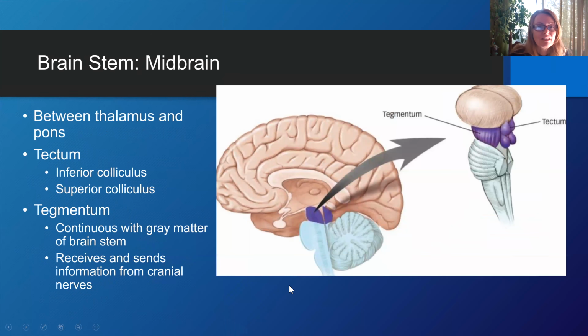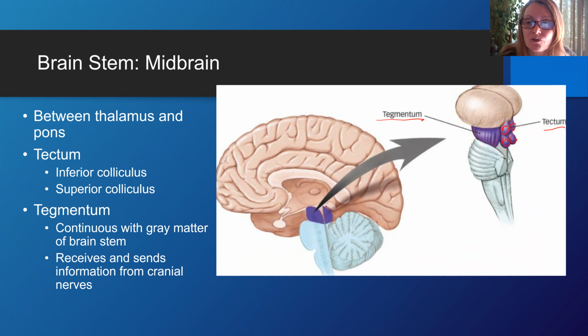Okay. So here's the midbrain shown here in purple, and it has an anterior part, the tegmentum, and a posterior part, the tectum. And the tectum has these superior and inferior round structures, right? They are called superior and inferior colliculi.